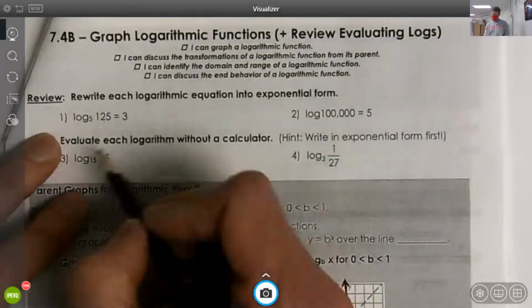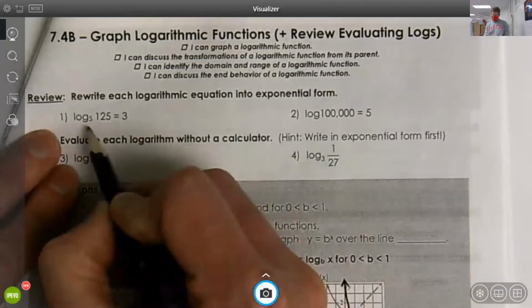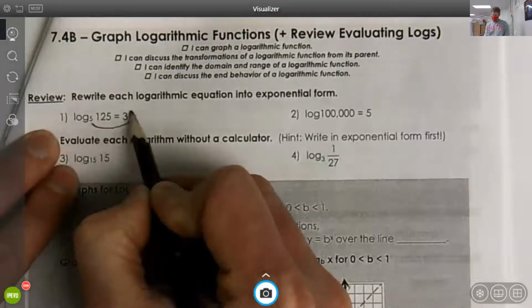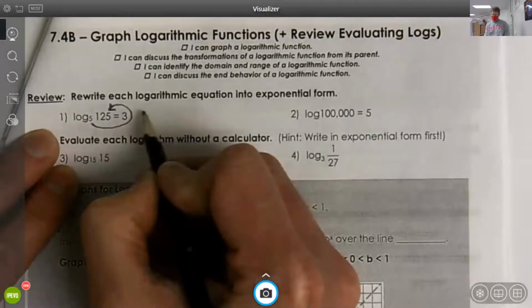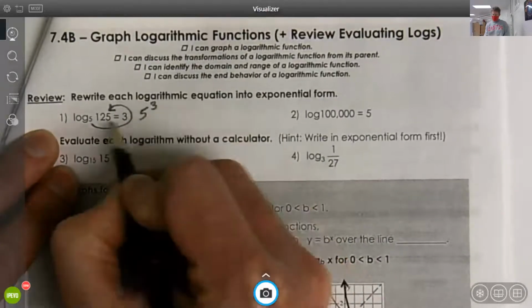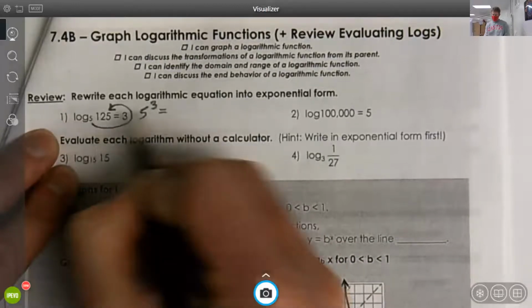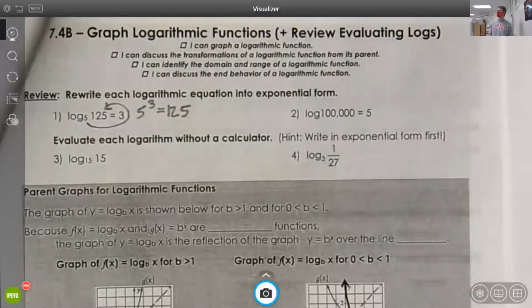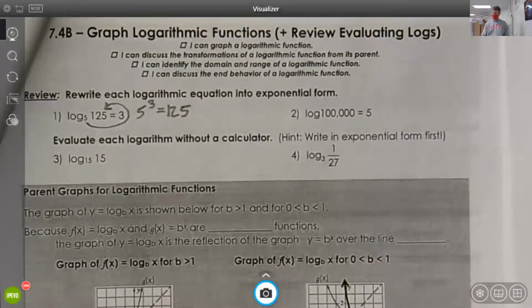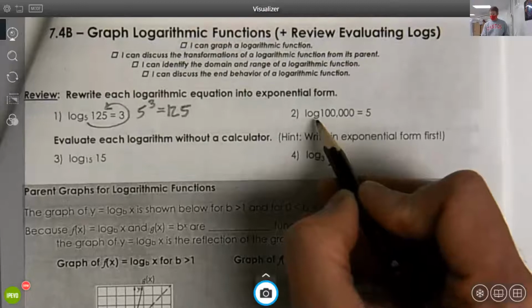All right, when we write this in exponential form, we say 5, we go around and we finish off with a little arrow that helps us remember that we're doing 5 to the third power equals 125. We have written the logarithm in exponential form. Here's a logarithm.